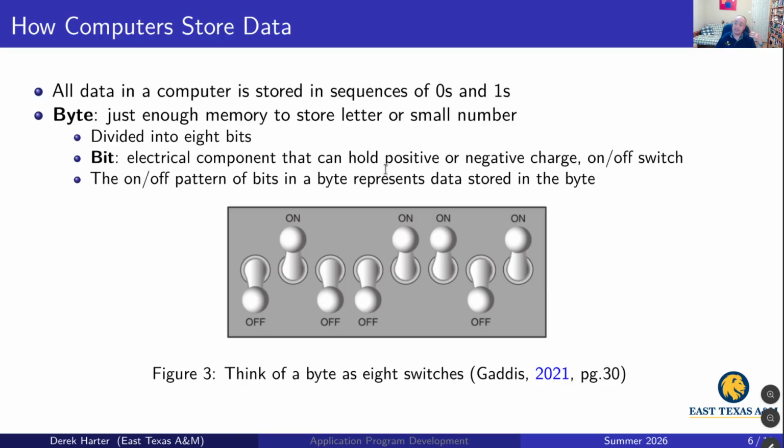So a bit is just an electrical pattern in the computer somewhere that can hold either a positive or a negative charge. And so we interpret that positive or negative charge as either a 0 or 1. So that on-off pattern of bits in a byte represents data stored in that byte. Okay? So you can think of a byte as simply 8 switches, on or off.